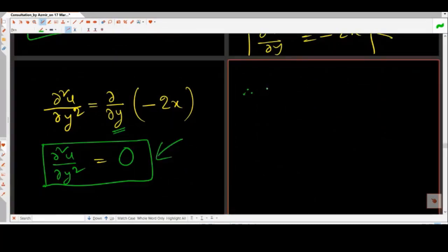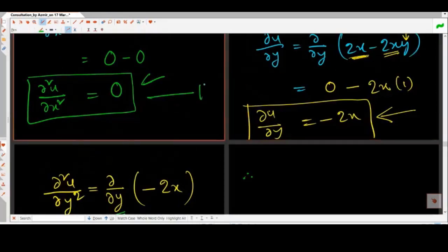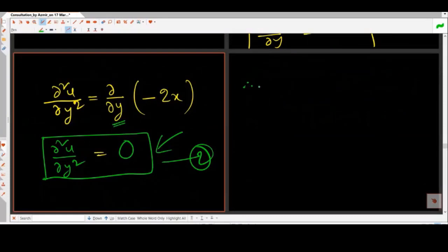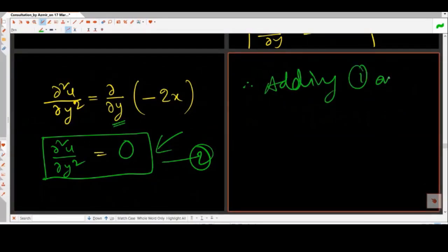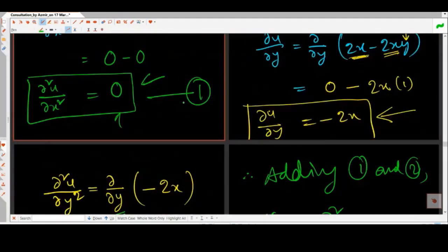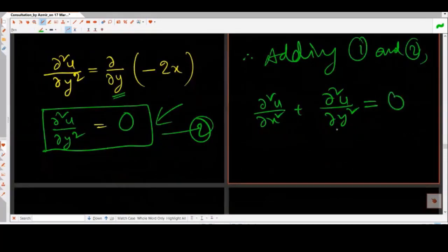So we know what Laplace's equation is. So let's add this first equation, equation 1 and equation 2. So adding 1 and 2, we are getting equals 0 plus 0, that is 0.